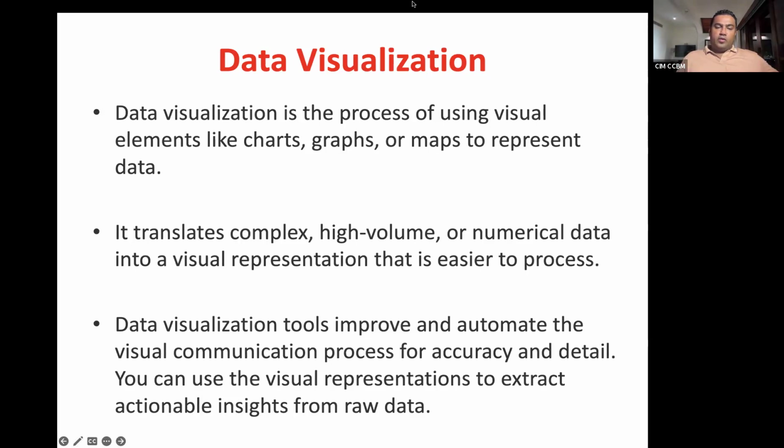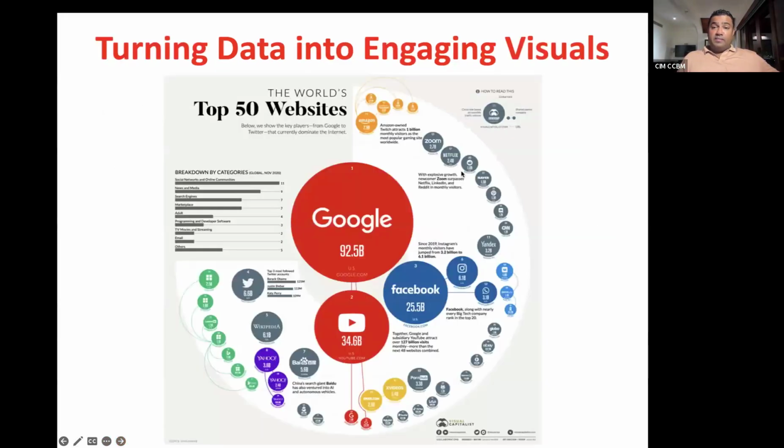And obviously Google is one company that uses Google Analytics very well, which is also a visual representation of all our online search data. Can you see how this is data visualization? You can present data into engaging visuals.